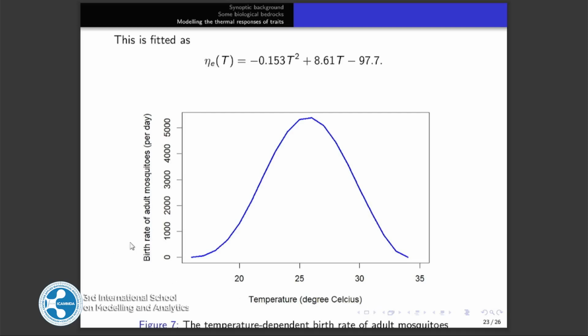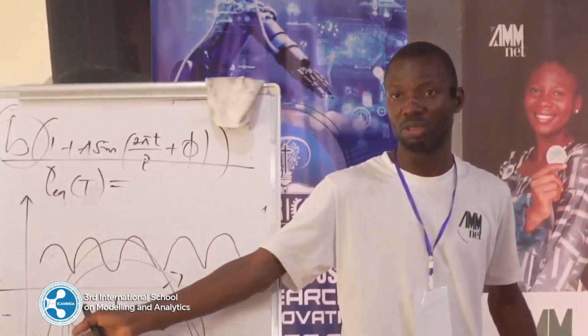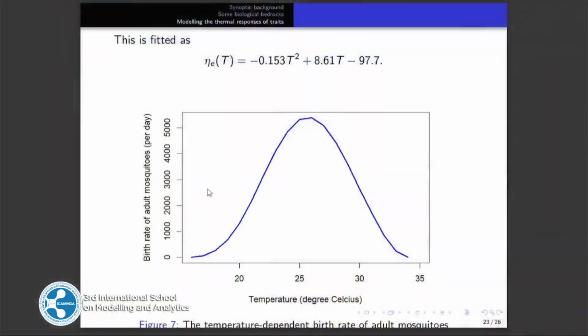It looks like what I told you earlier, a unimodal function. It's not constant. It's telling us that at specific temperatures the birth rate is different. At a specific temperature, it is at its peak, and after that temperature, it begins to decline. This follows what is observed ecologically. Are you getting it now?